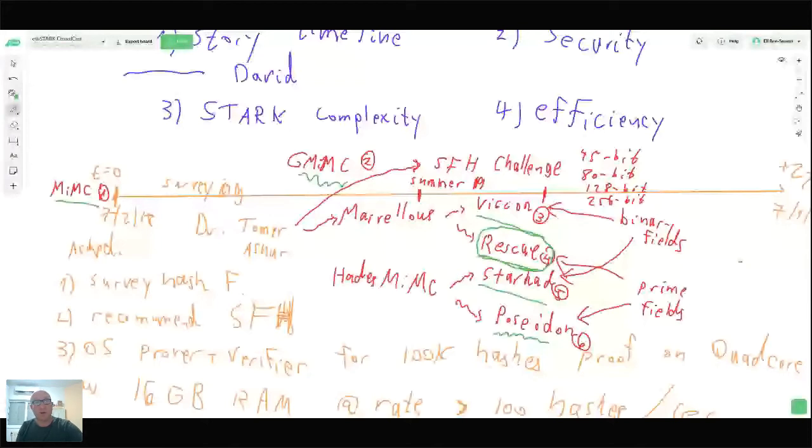So this is basically the story. Again, 2 years ago, we were asked to find a STARK-friendly hash. Early on, we agreed with the Ethereum Foundation that it's better to actually solicit new constructions, even though it's a very short timeline. So we were lucky to have a collection of, as you can see here, 6 different contenders.